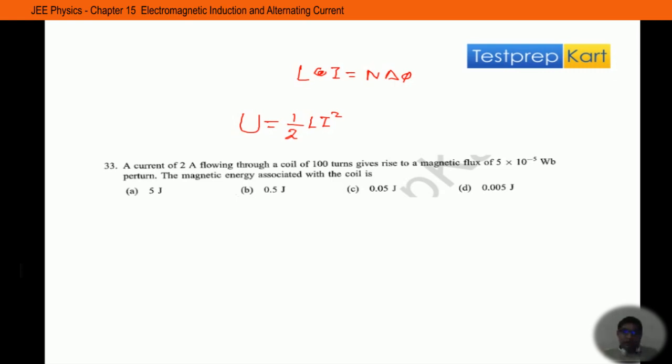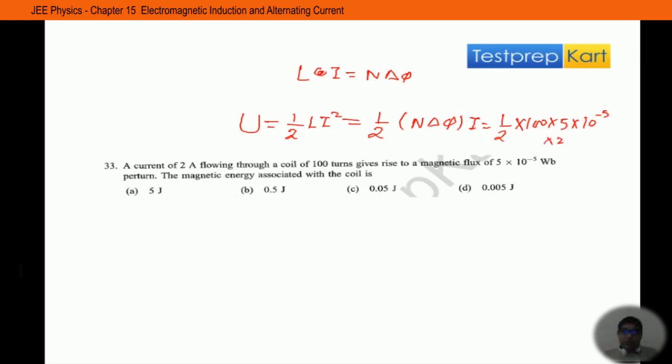So we can rewrite this expression as 1 by 2 into n into delta phi into I. All these values are known, so this is 1 over 2 multiplied by 100 turns, flux is 5 into 10 to the power minus 5, and current is 2 ampere.